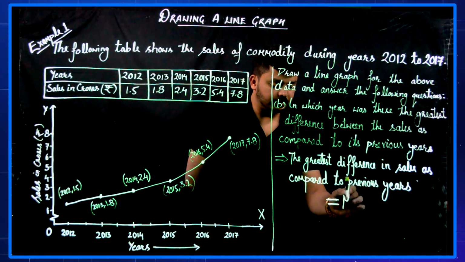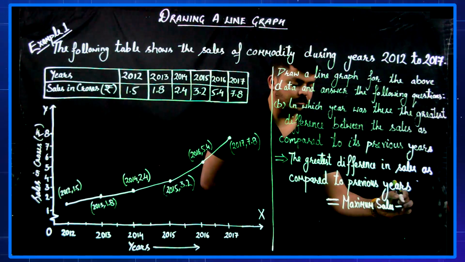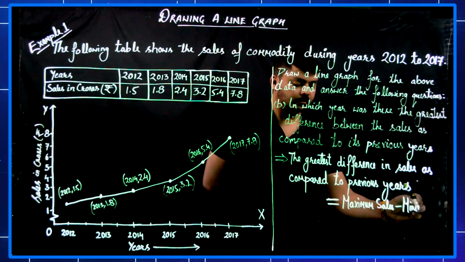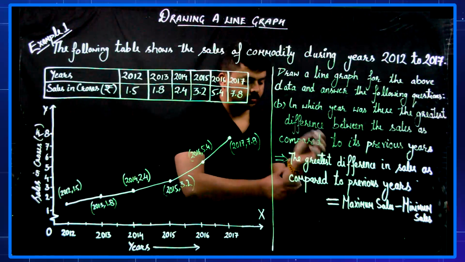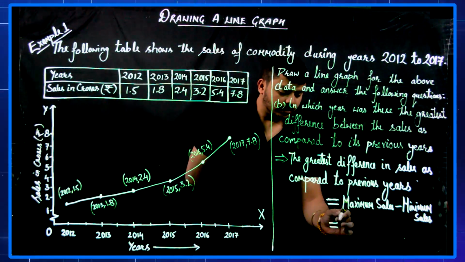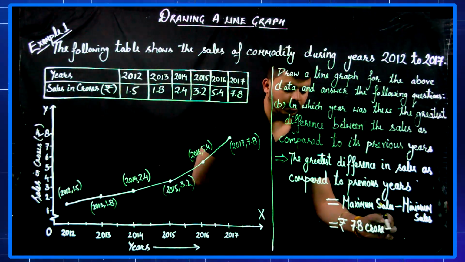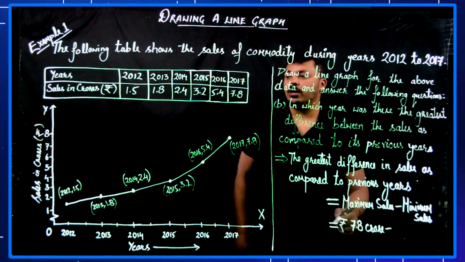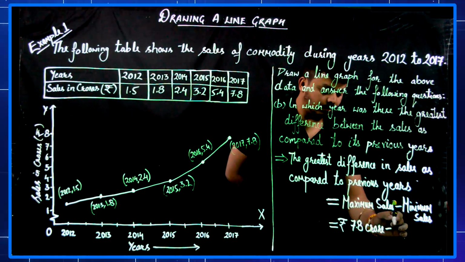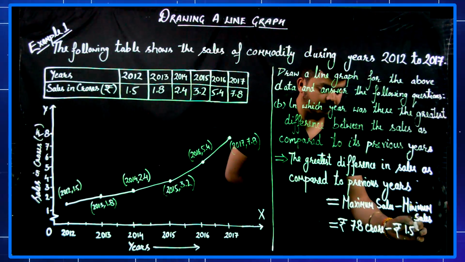So maximum sales minus minimum sales. So the maximum sale was rupee 7.8 crore minus the minimum sale, rupee 1.5 crore.